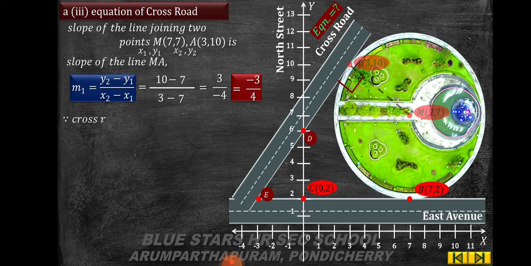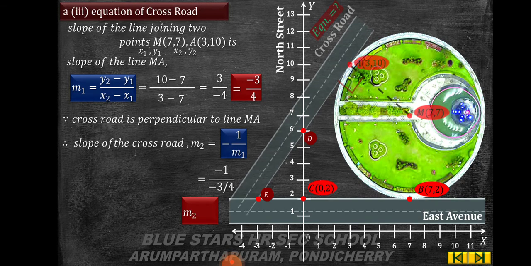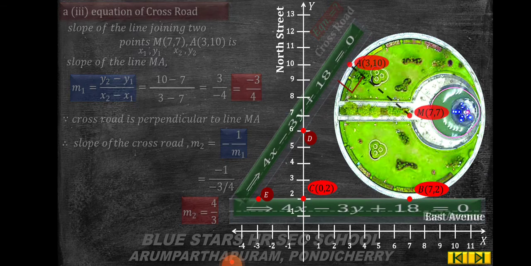Therefore, the crossroad is perpendicular to the line MA. Therefore, the slope of the crossroad, m2, is equal to minus 1 by m1, which is equal to minus 1 by minus 3 by 4, which is nothing but m2 is equal to 4 by 3.